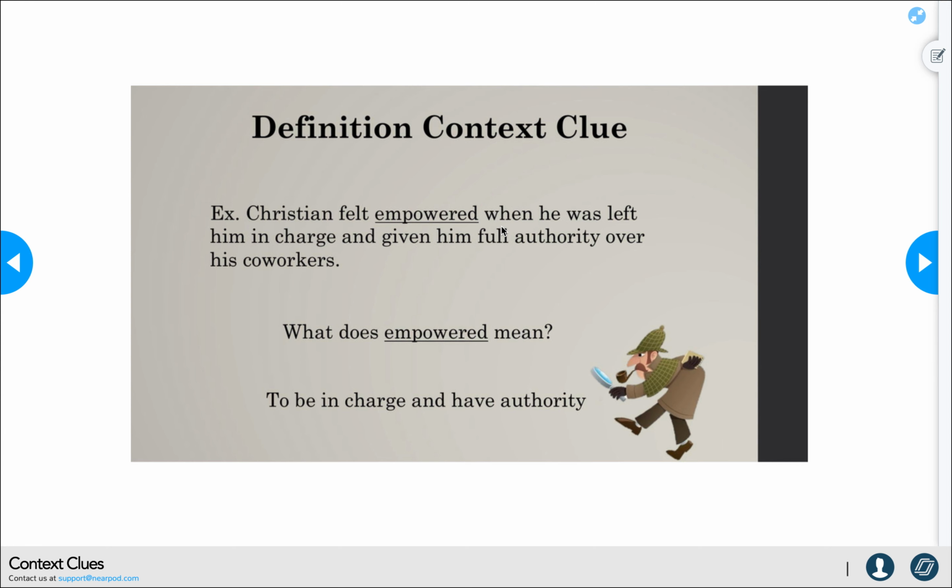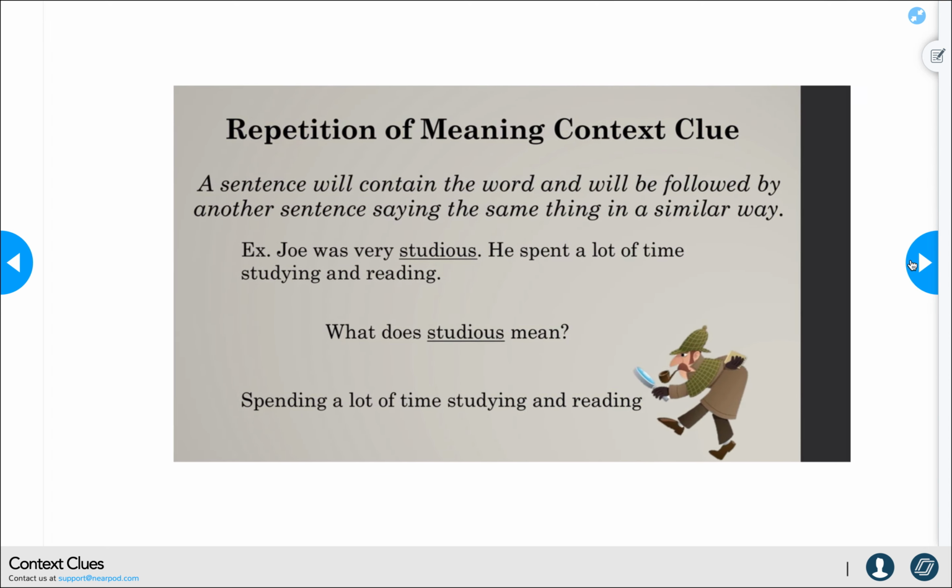Christian felt empowered when he was left in charge and given full authority over his co-workers. So what does empowered mean? Well, the definition is provided: being left in charge and given full authority. So to be in charge and to have authority. That's definition. Basically, the definition of the word is given within the sentence. So pay close attention to that.